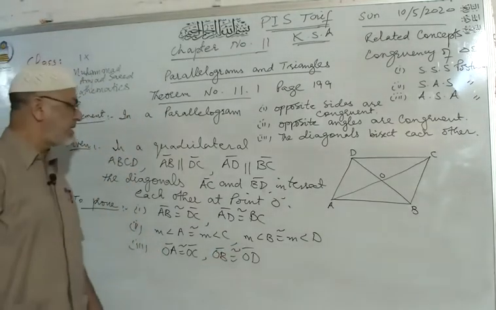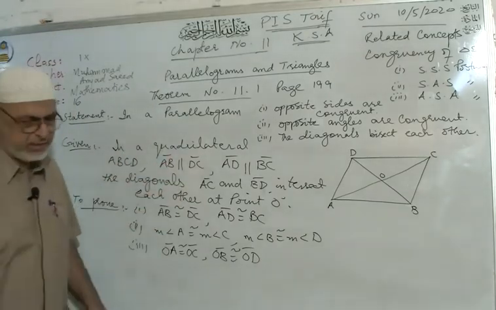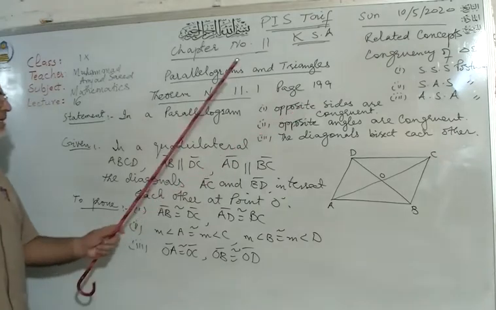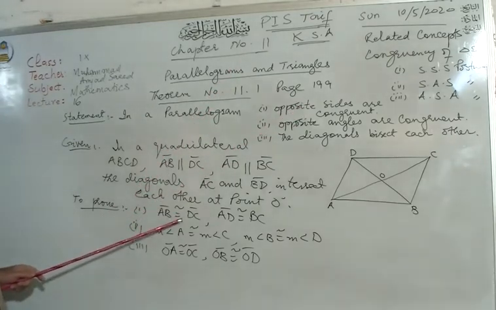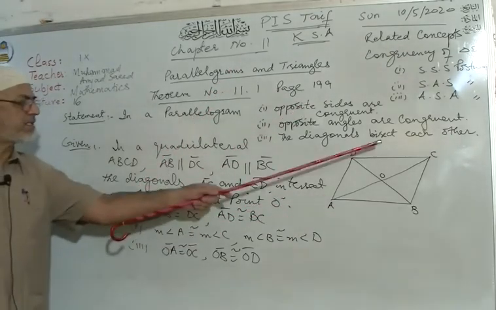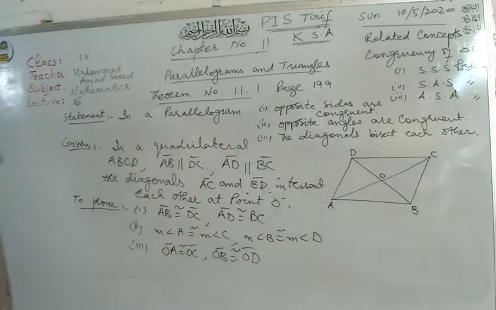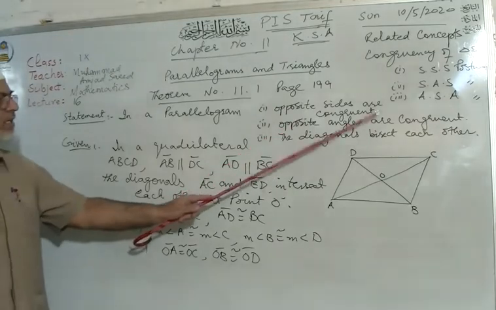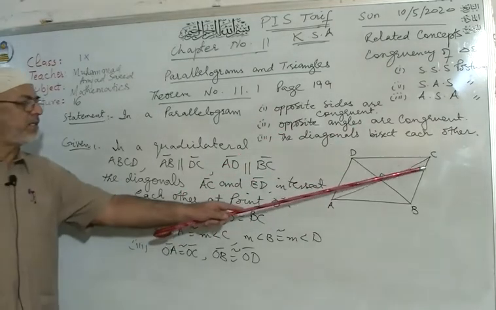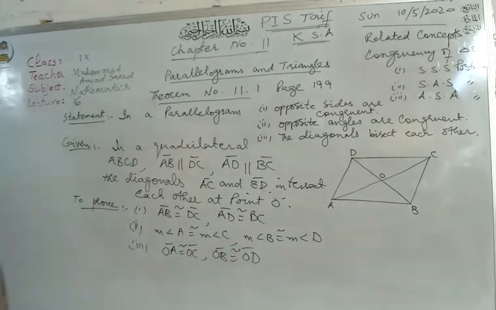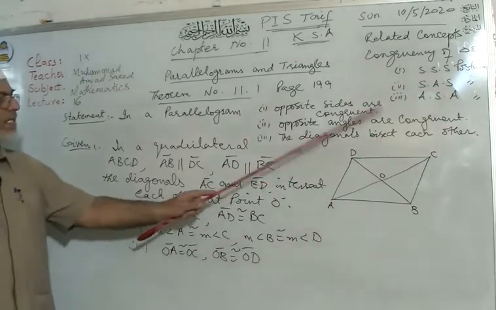So dear students, now you can see opposite sides are congruent. We have to prove AB is congruent to DC and AD is congruent to BC. Similarly, opposite angles are congruent: angle A is congruent to angle C and angle B is congruent to angle D. Similarly, the diagonals bisect each other.